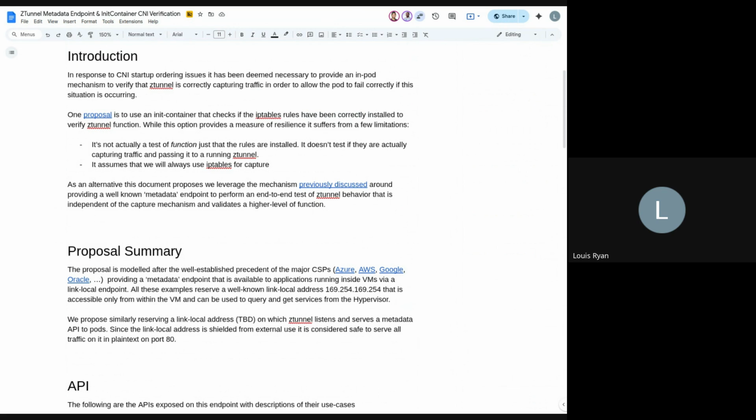There's also other benefits, right? Tooling could probably leverage this. People could SSH into pods and hit the endpoint to get status and things like that from ztunnel. So I have a question. If we can show ztunnel health check properly, would it be possible that we don't even need the init container?